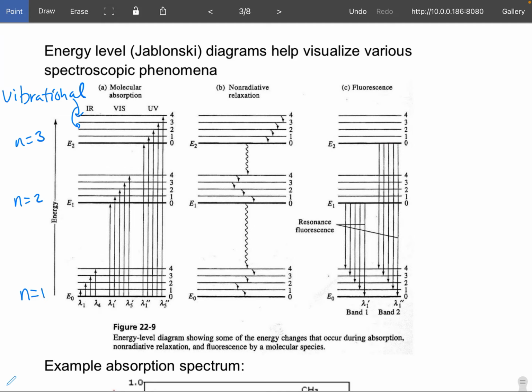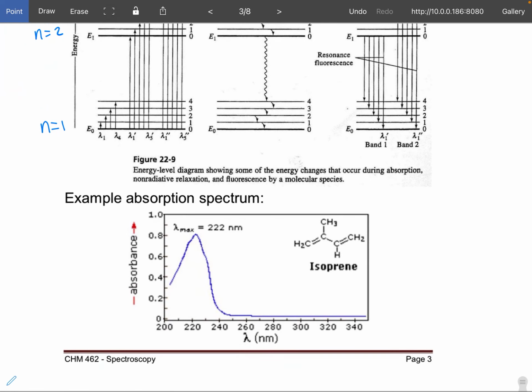Then when that photon is emitted, equivalent to the energy here, then it'll relax to the lower electronic state down here.